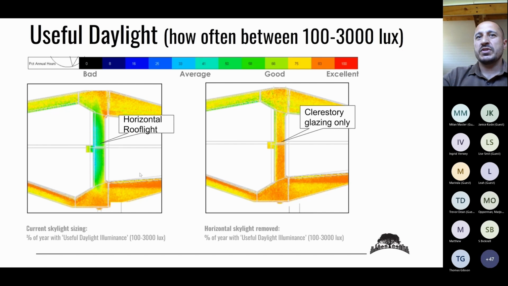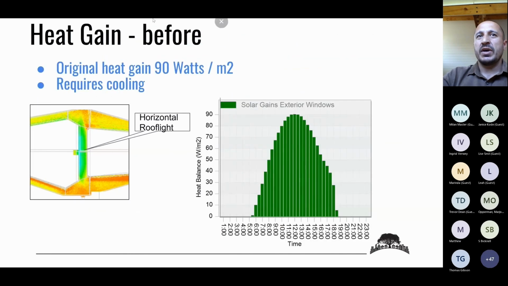So from a daylight perspective, we refined the design by providing less horizontal and a bit more vertical. And that obviously knocks onto heat gain. In the before scenario, with a lot of horizontal glazing in that passage, we were getting like 90 watts per square meter of heat gain, even with good glass.